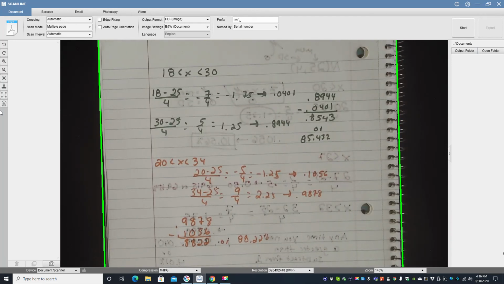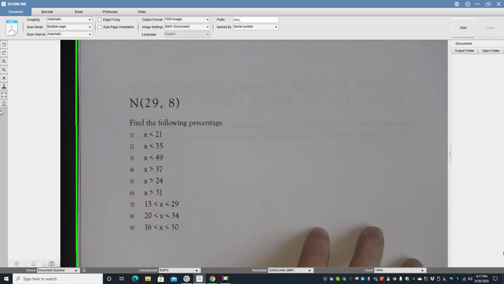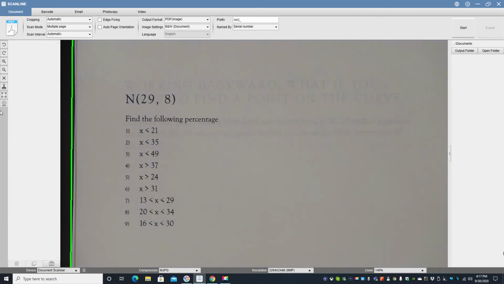Okay, so that's doing all of it by hand. So what happens if you want to use StatCrunch to do it, which we totally can. I got another set here. It's going to be a whole different normal curve. So we're going to look at normal 29/8, and we're going to look at every single one of these, and how StatCrunch does it.